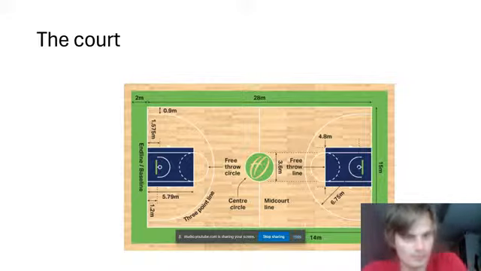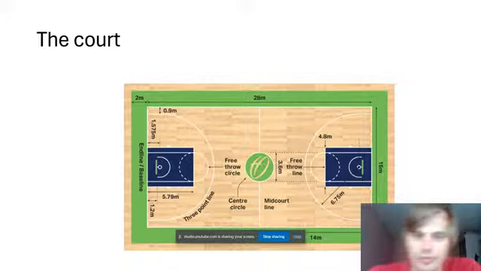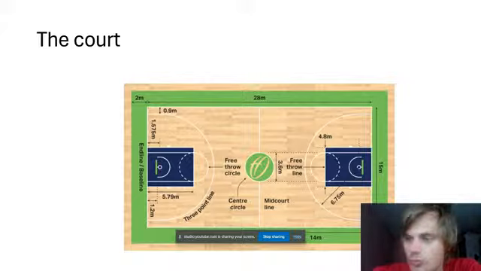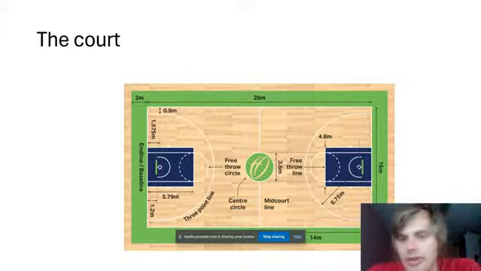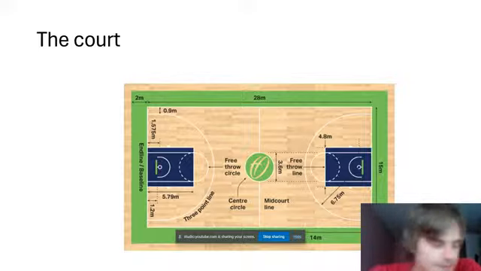So, what does the court consist of? The regulations surrounding the courts may vary between organizations, but here we see the FIBA regulation court, which is 28 meters long, 15 meters wide, with a 2 meter end zone.